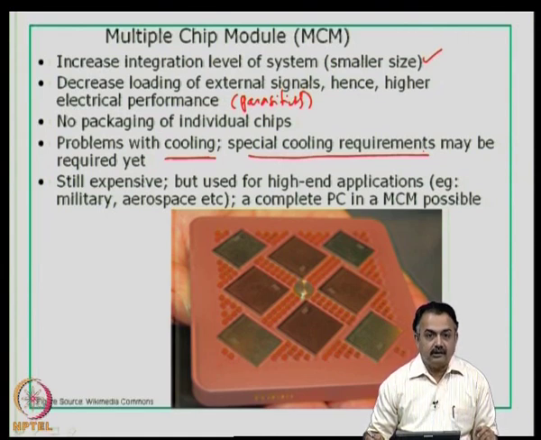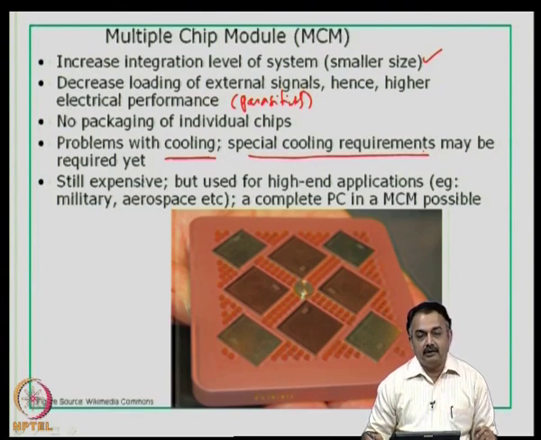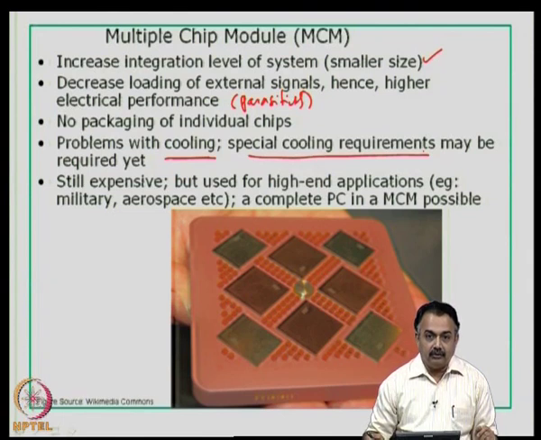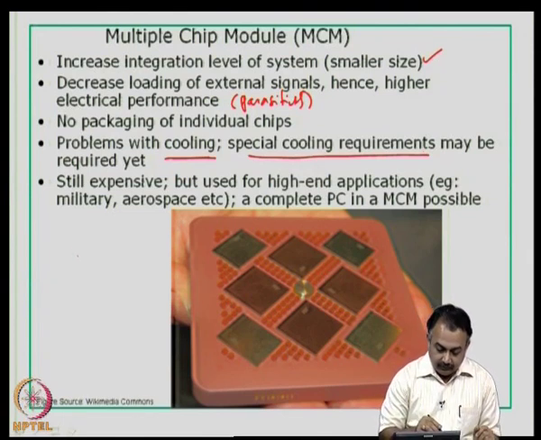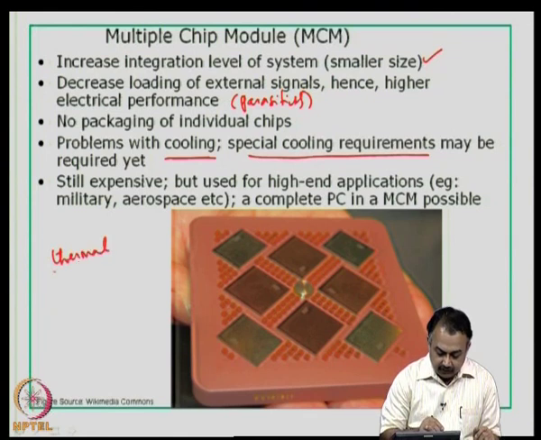And in some cases, if you are looking at multi-chip modules that are being used for high-end servers or high performance applications, liquid cooling is also used. Okay. So, thermal management becomes a very important issue.